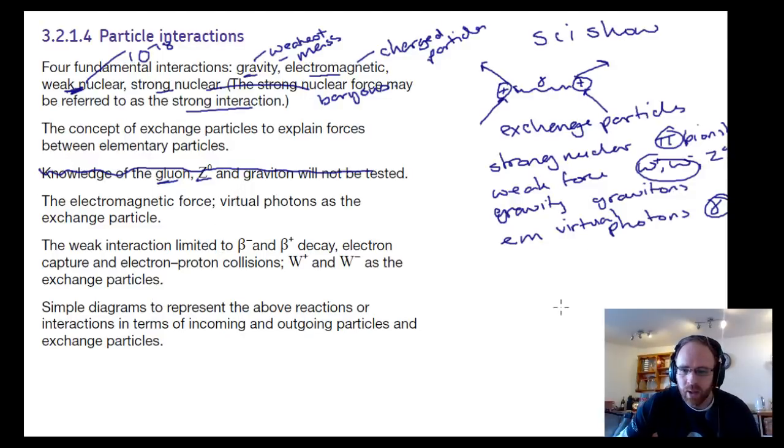So we have, these are called Feynman diagrams, and I'm going to do this if I can do it without getting my elbow bitten off. I'm going to feed the dog. 1 second.